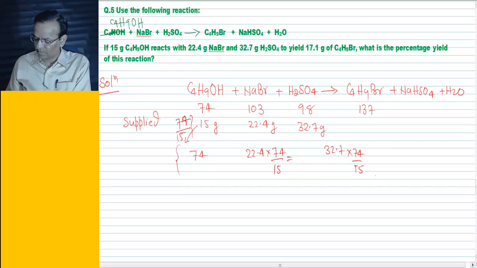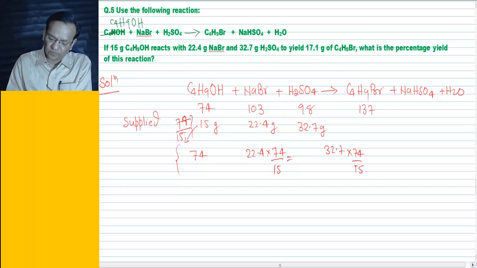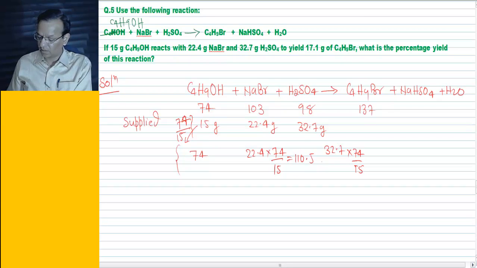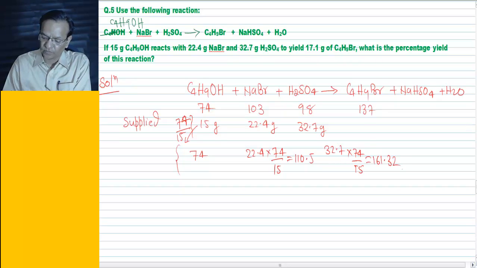If we calculate them, 22.4 into 74 divided by 15 comes out to be 110.5. The last one is 32.7 into 74 divided by 15. It comes out to be 161.32.